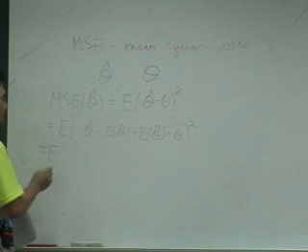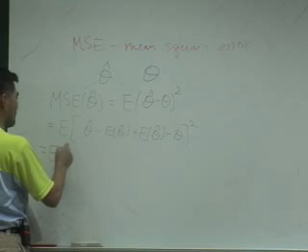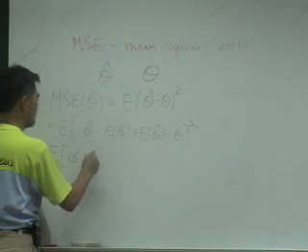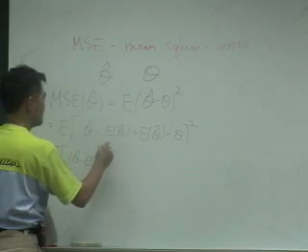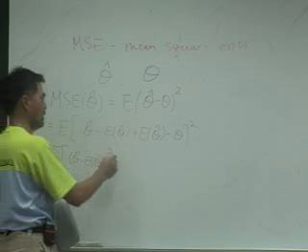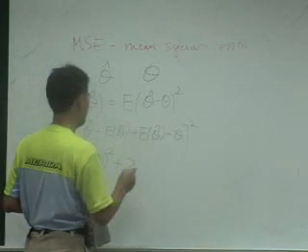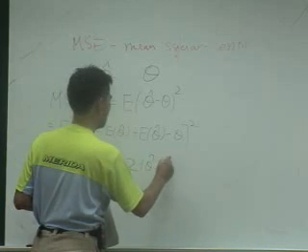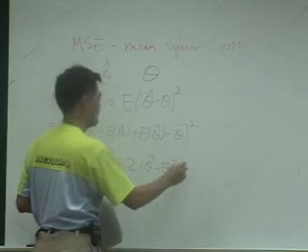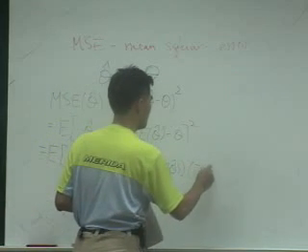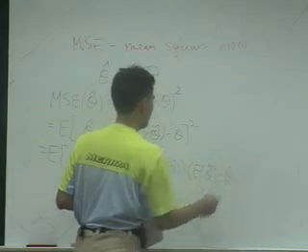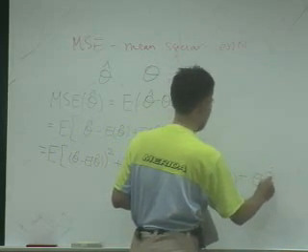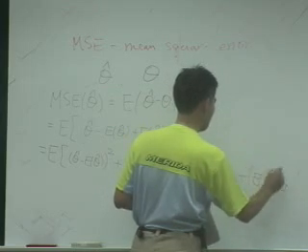You have expectation of (theta hat minus expectation theta hat) squared, plus 2 times (theta hat minus expectation theta hat) times (expectation theta hat minus theta), plus (expectation theta hat minus theta) squared.